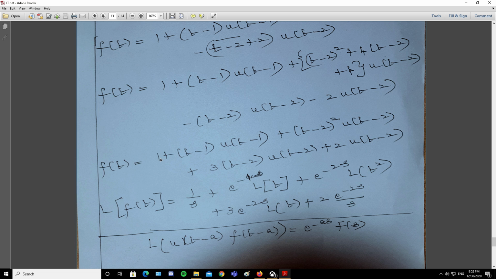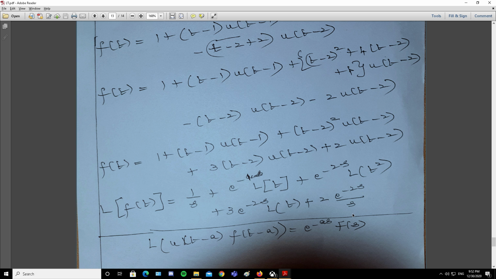I repeat, Laplace of 1 is 1 by s. And here you compare with the Heaviside shift theorem. This is the Heaviside shift theorem. a is 1, so e power minus 1 into s, Laplace of t, plus (t minus 2) whole square u(t minus 2), a is 2, so plus e power minus 2s, Laplace of t square, plus 3 times e power minus 2s, Laplace of t, plus 2 times e power minus 2s by s.